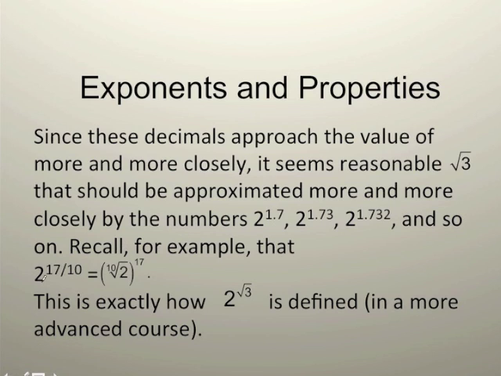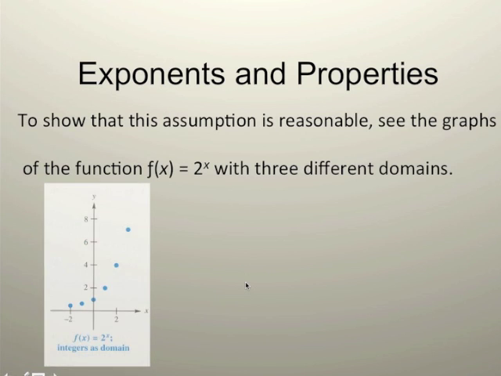Recall, for example, that 2 to the 17 divided by 10 would be the 10th root of 2 raised to the 17th power. And that's really how 2 to the square root of 3 is defined in a more advanced course.